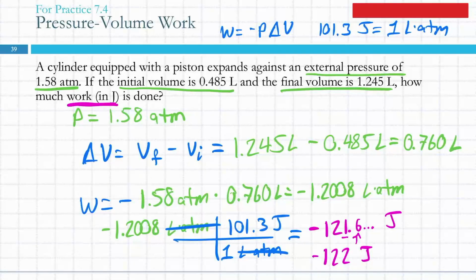How much work was done by the system to expand? How much work did it do on the surroundings? Is it negative 122 joules? Is it positive 122 joules? The system did 122 joules of work.